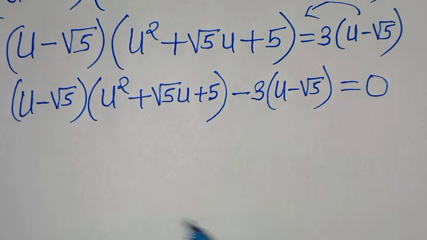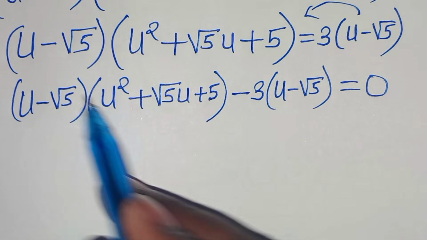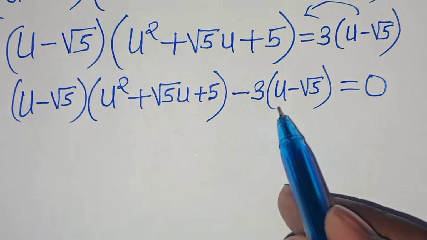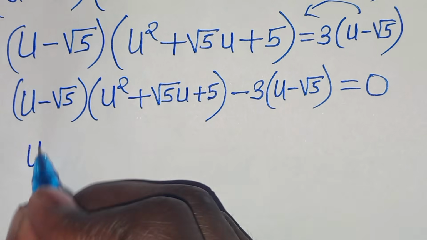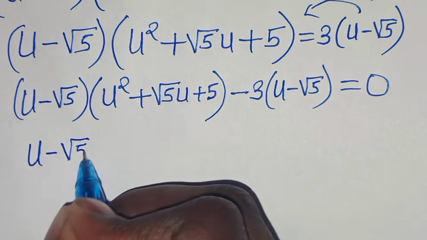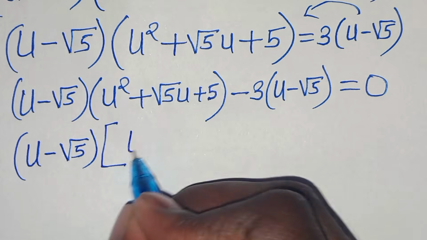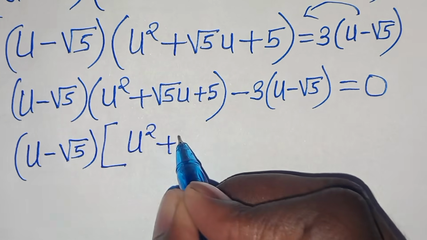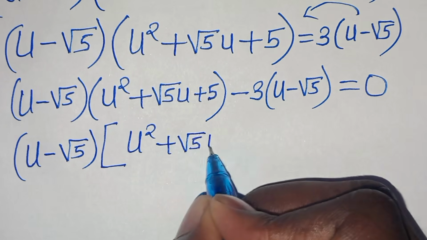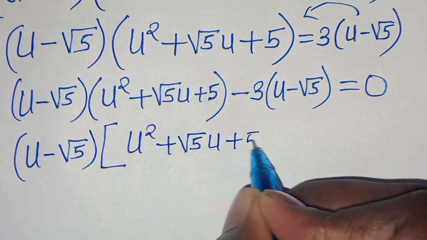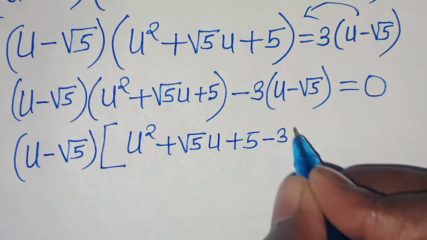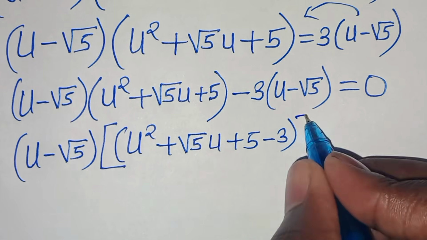Now, if you check here, u minus square root of 5 is common here, so we can factor out u minus square root of 5 into the parentheses, u to the power of 2 plus square root of 5u, then plus 5 minus 3, close the parentheses.